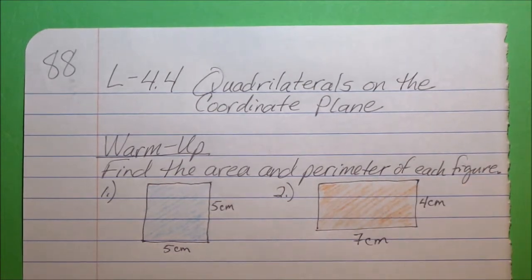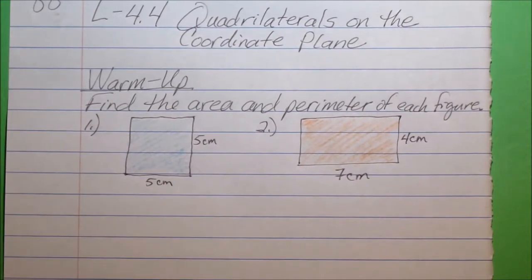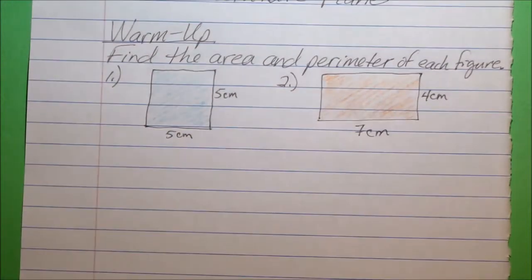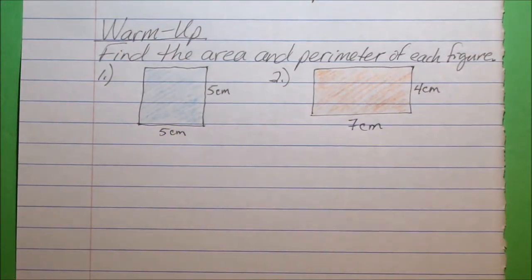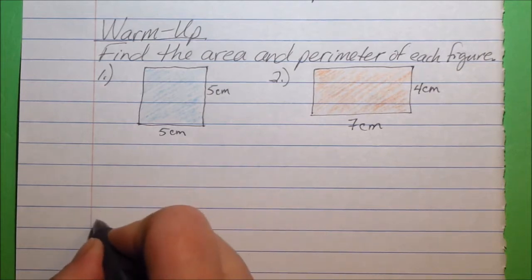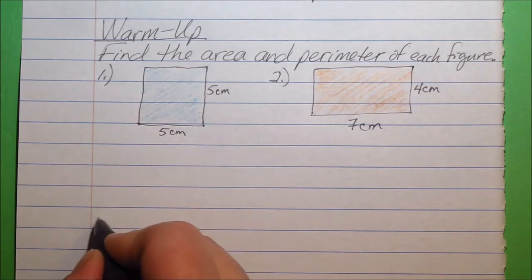So find perimeter and area for those two figures as your warm-up. I'm going to leave a little bit of space for the work. You need to write formulas, plug in known values, find your answers. And then we need our I can statement. Let's see, 1, 2, 3, yeah, that should be enough room.